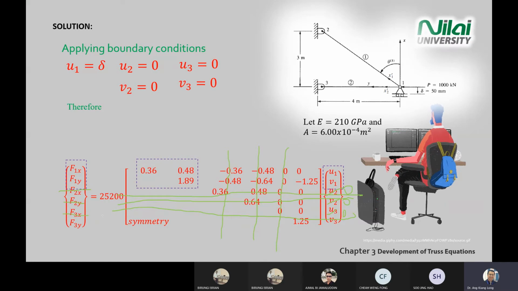Same, you close F3. I use the word close, it's not 0, but we close the number just to help us to focus, to simplify the solution. V3 is also 0, so we can close the last row and the last column. You also close F3Y.